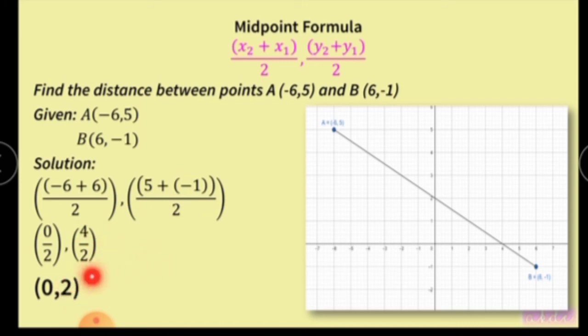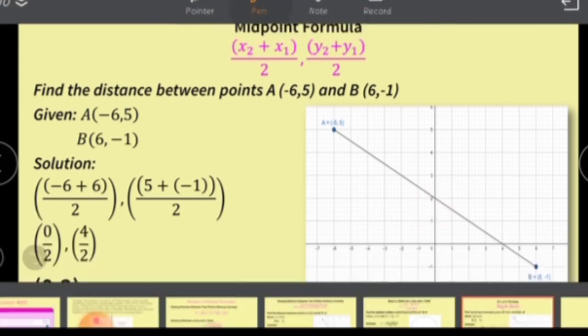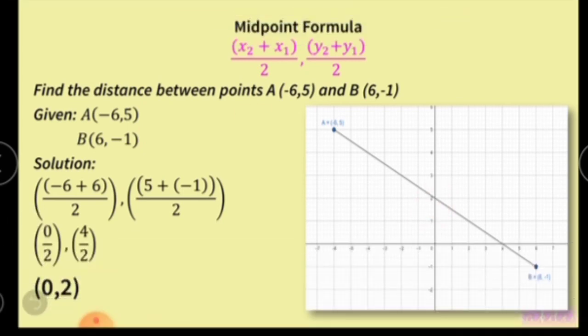So we can say that the midpoint of the points (-6, 5) and (6, -1) can be found at (0, 2). The midpoint can be found here. So that is the midpoint formula.